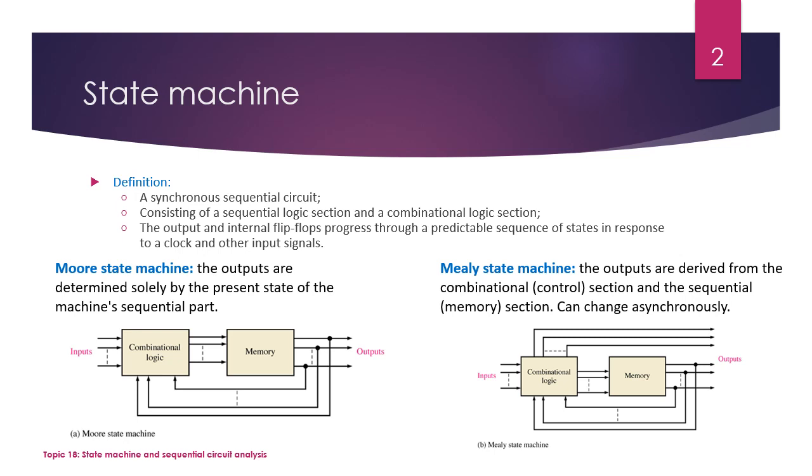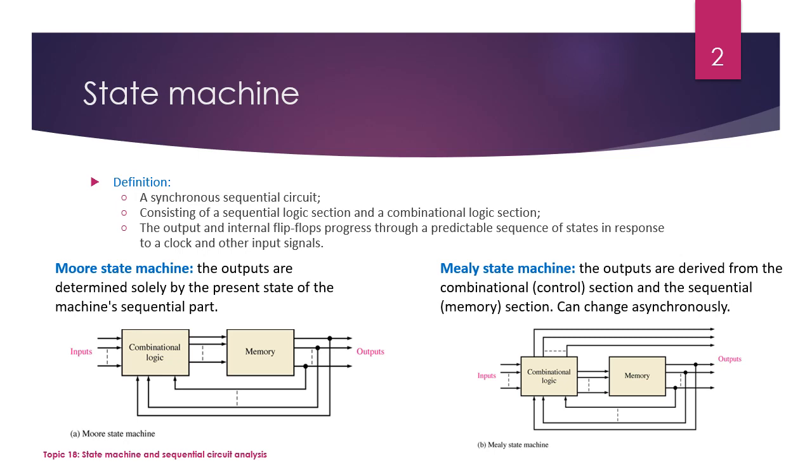First, a state machine must be a synchronous sequential circuit, and it consists of a sequential part and a combinational part. The sequential part has another name, the memory part, so it can remember the previous states of the machine.